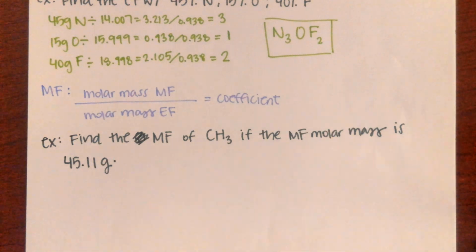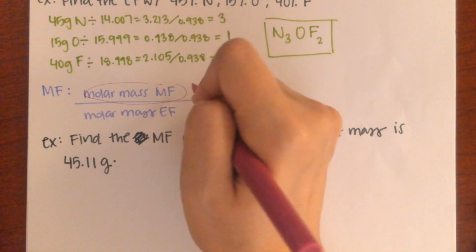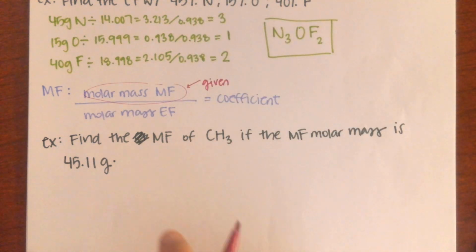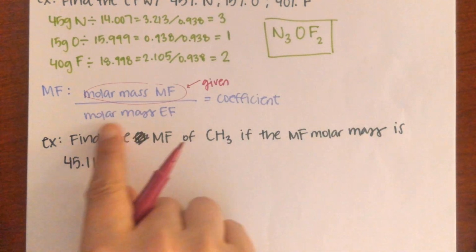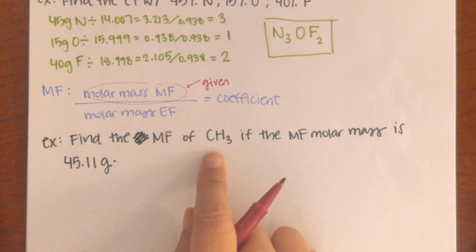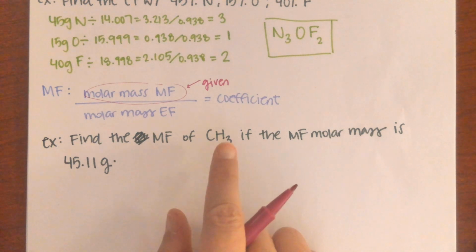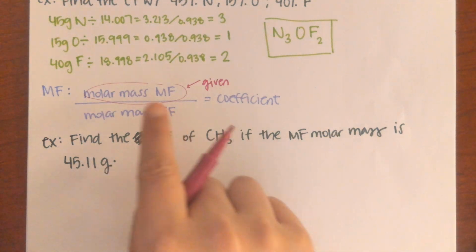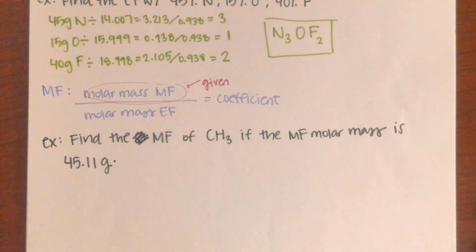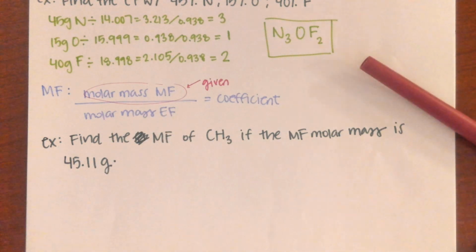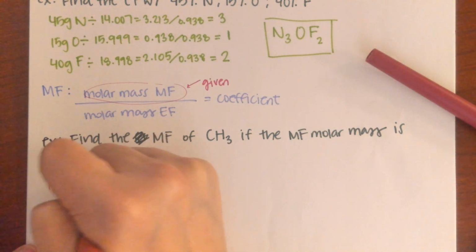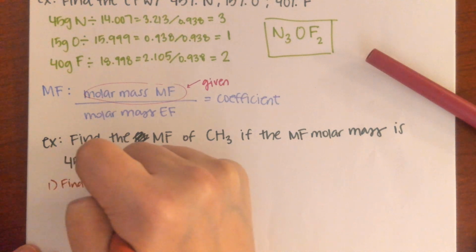So just as a reminder, the molar mass of the molecular formula here is always given to you. What you need to do is find the molar mass of your empirical formula, which is this one. So the empirical formula is always given. You find the molar mass of that, and then you basically divide this number by the number you just found. So first thing is find the empirical formula molar mass.